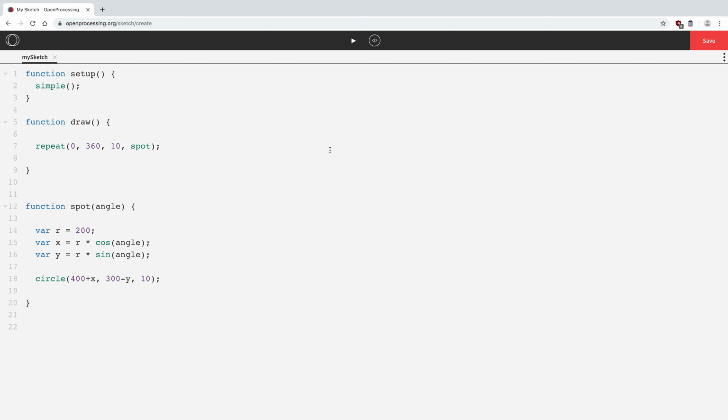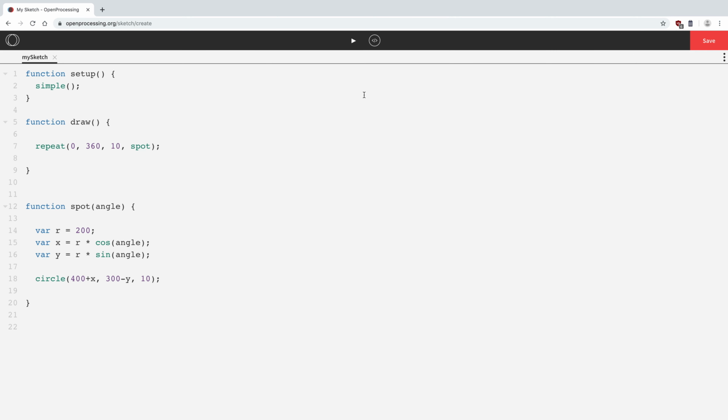What could we do? Well, those circles have black dots around them, and do I like them? Let's keep them for now. What else could we do? What happens if we don't go around the circle once but twice?